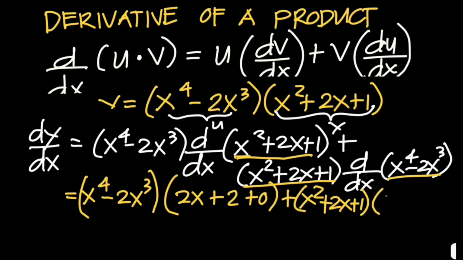Derivative of x to the fourth is 4, x to the 4 minus 1 is 3, so 4x cubed, minus 2 times the derivative of x cubed, which is 3x squared.